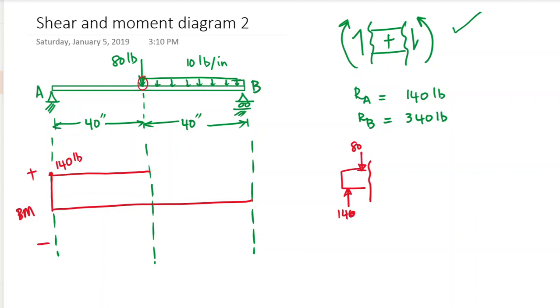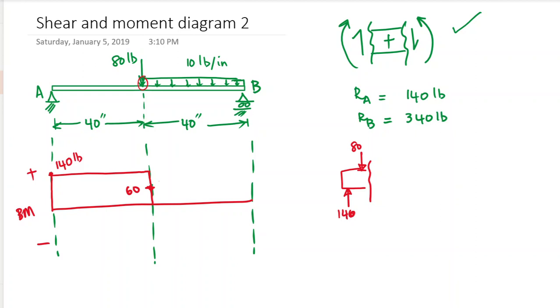That will result in a net shear of 60 pounds to the right of the cut. That's also positive. Therefore, we have a positive shear here of 60. So that's the value of 60 right there.